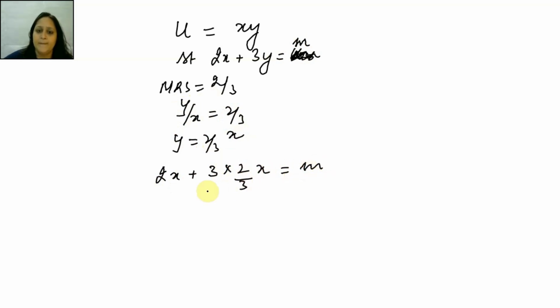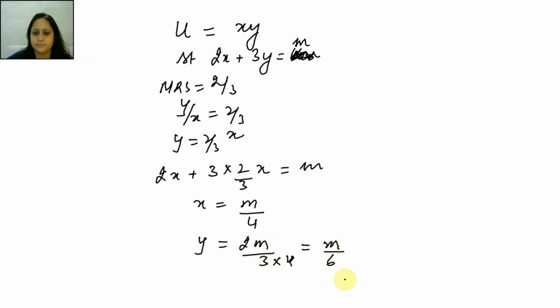Is equal to M. So that is x is equal to M by 4 and y is equal to 2M by 3 into 4, which is M by 6.